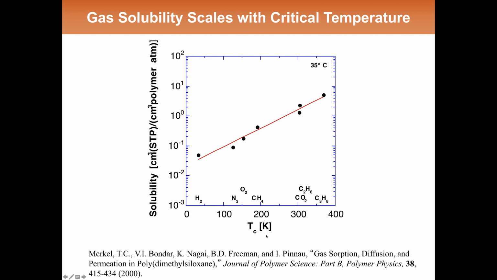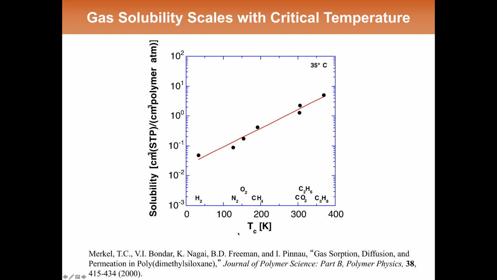Now, you can replace the critical temperature here with some other measure of the tendency of the penetrant to condense. So there are cases where people will use the normal boiling point for gases that have a normal boiling point and see very strong correlations. The gas that has the higher normal boiling point has a higher solubility.